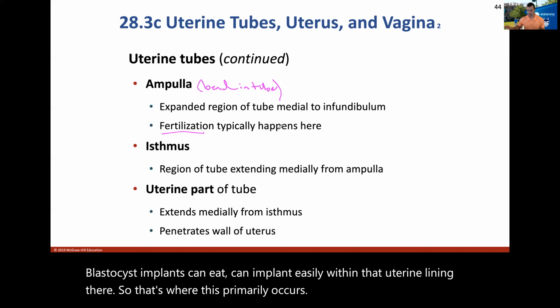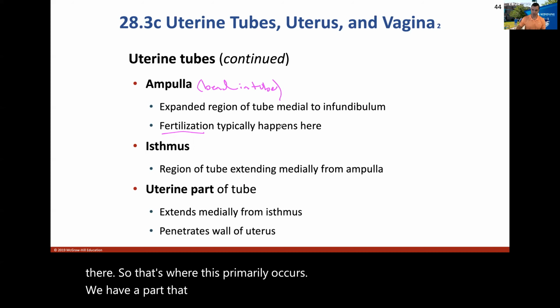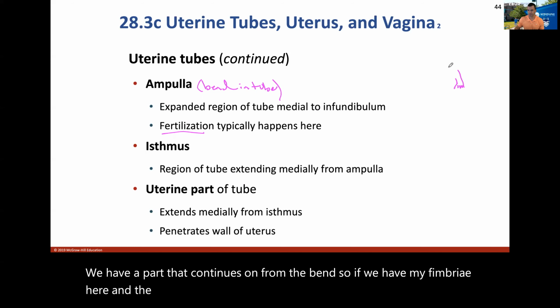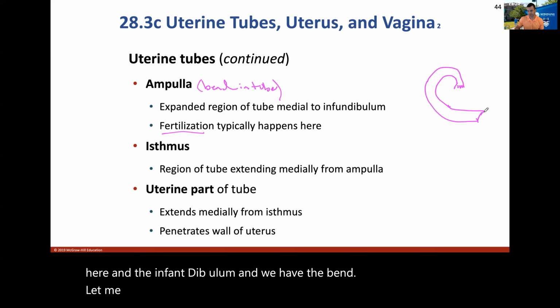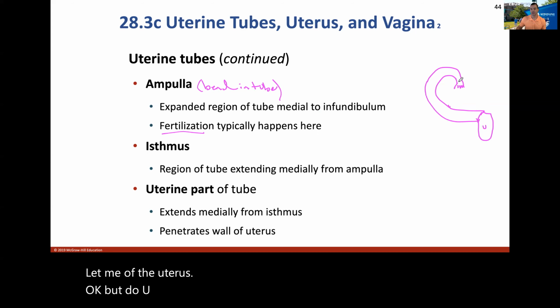We have a part that continues on from the bend. So if we have my fimbriae here and the infundibulum, and we have the bend, then we have the uterus. I'll put the U for the uterus. So here is my infundibulum with the fimbriae.